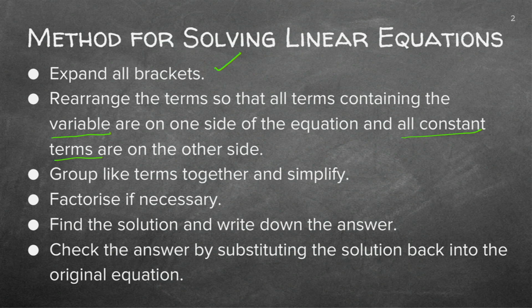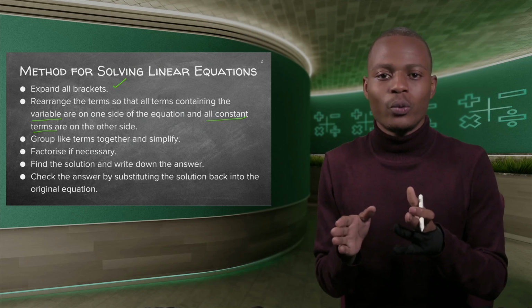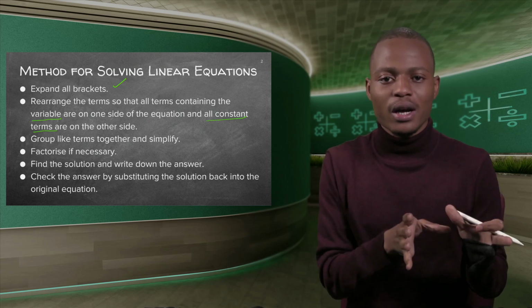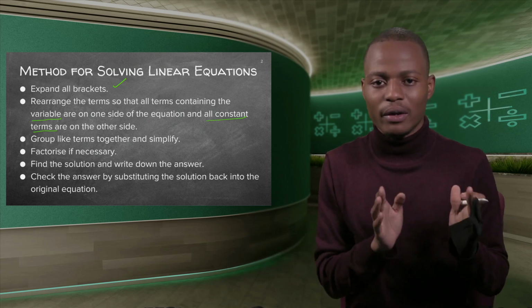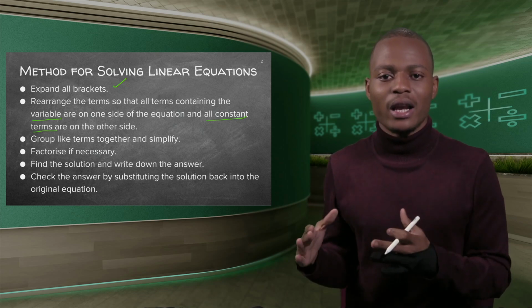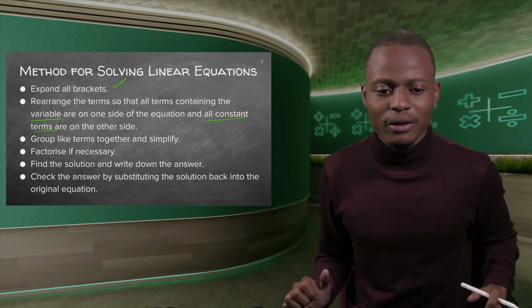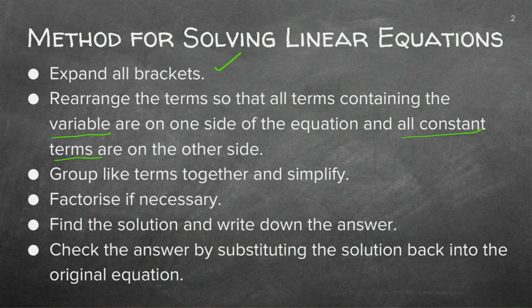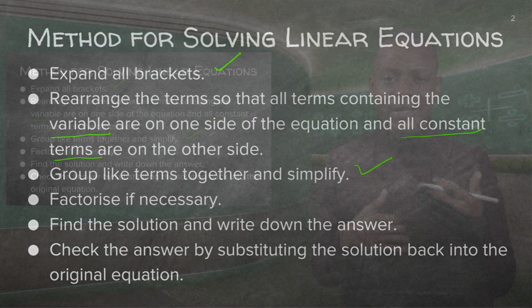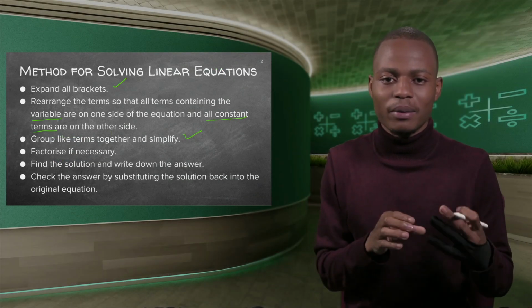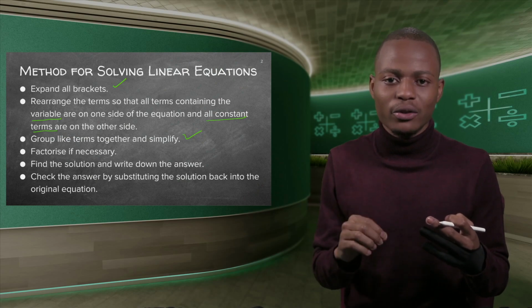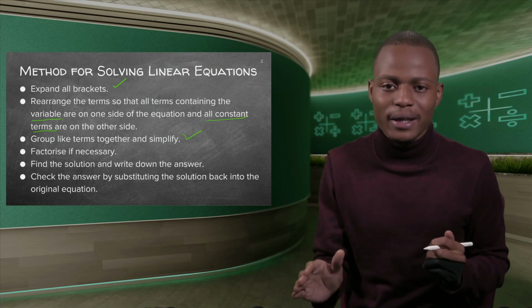If you go back to our previous lesson, we put like terms on one side. If you have variables, you put them on one side, and if you have constant terms, you also put them on one side. Another rule is to group like terms together and simplify. The second and third rules explain the same thing, but the third extends into simplifying.